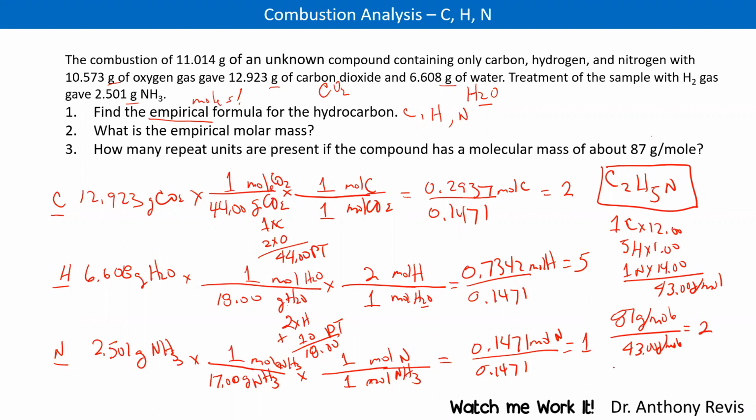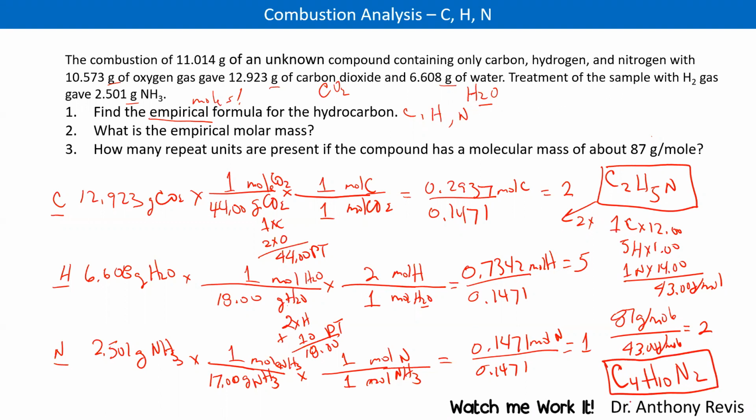So my molecular formula for this compound would be times 2. If I do that times 2, I will get C4H10N2 for my final molecular formula.